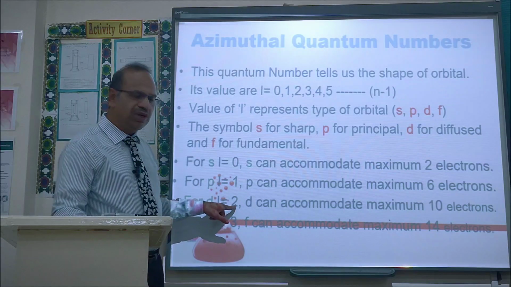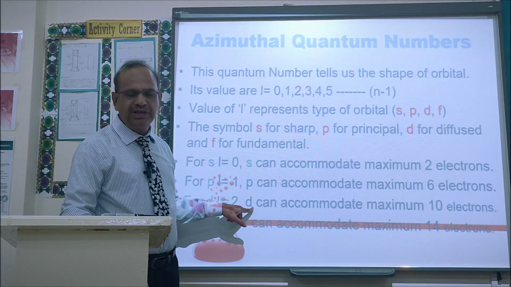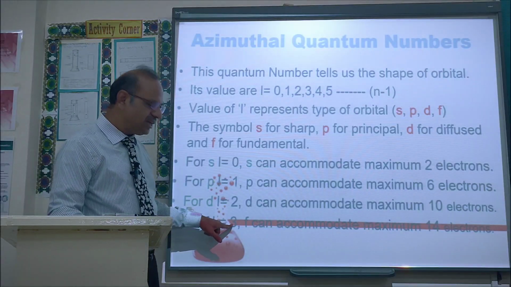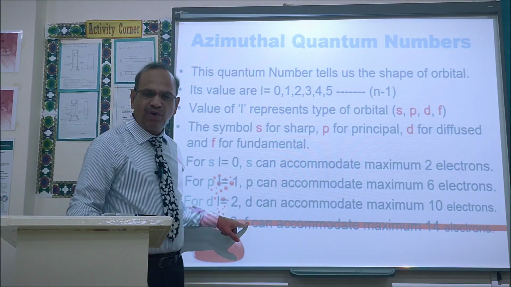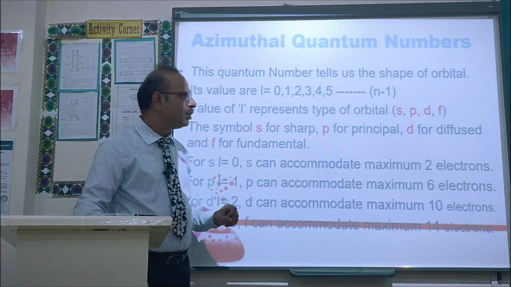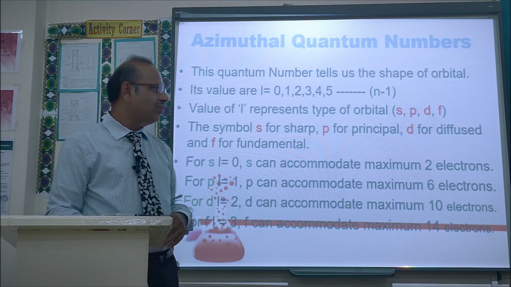If the value is 2, it represents the d orbital, and it can accommodate a maximum of 10 electrons. If the value of l is 3, it represents the f orbital, and it can accommodate a maximum of 14 electrons. So it's about the azimuthal quantum number.